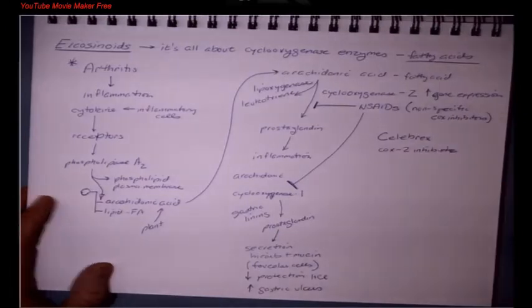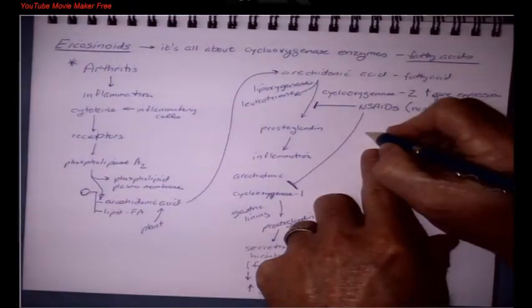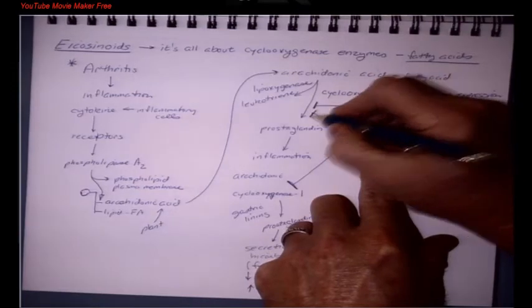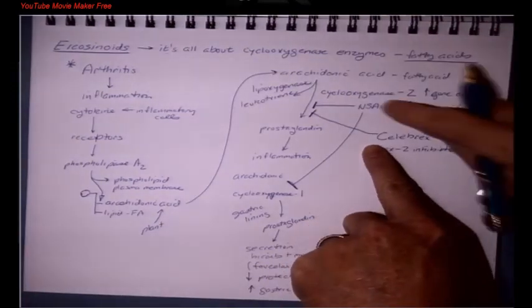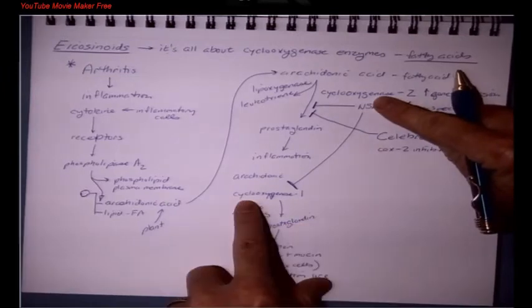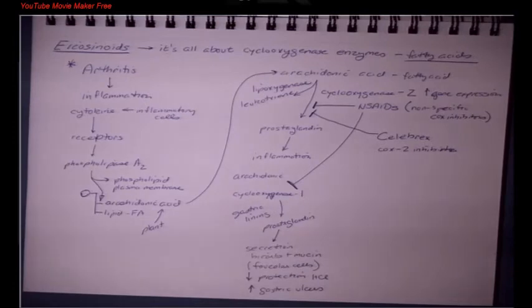So this has been designed to specifically inhibit the cyclooxygenase 2 enzyme activity, but it does not inhibit cyclooxygenase 1. Okay?